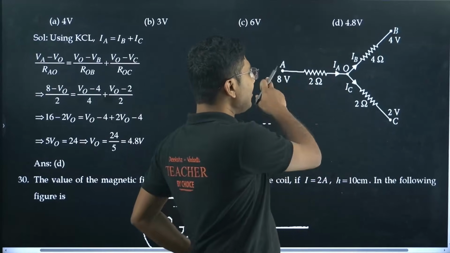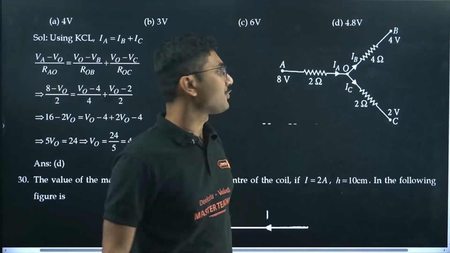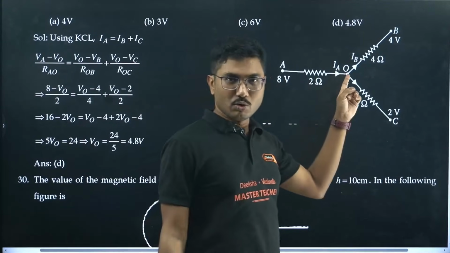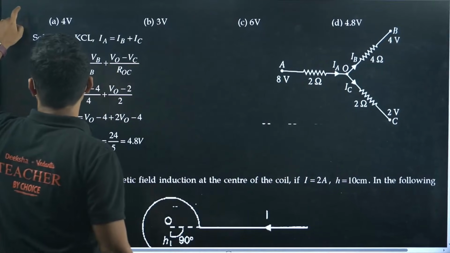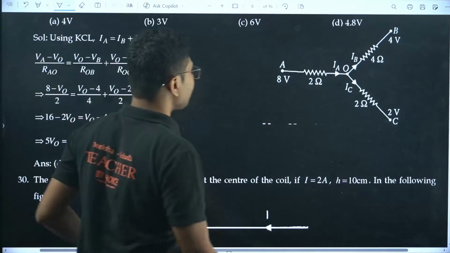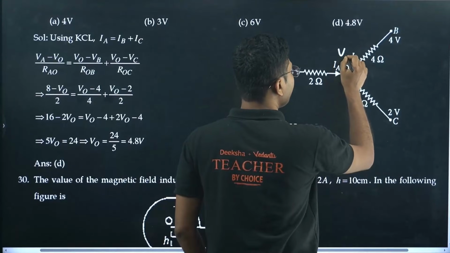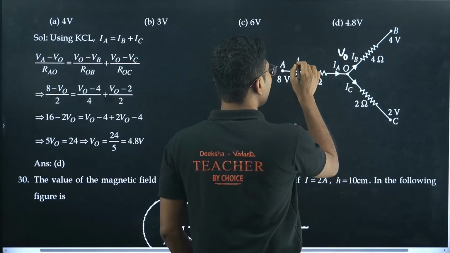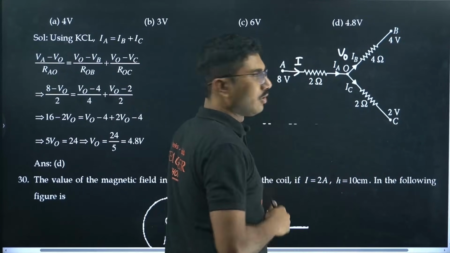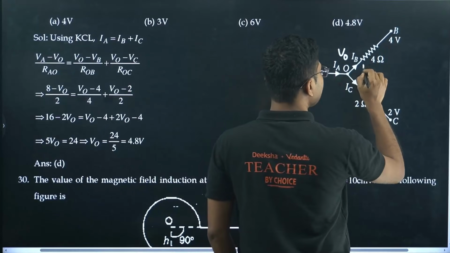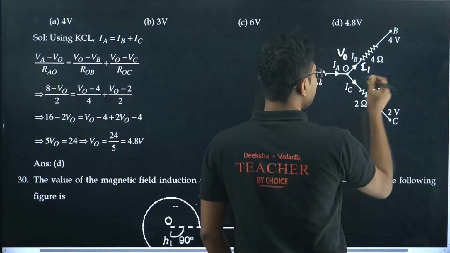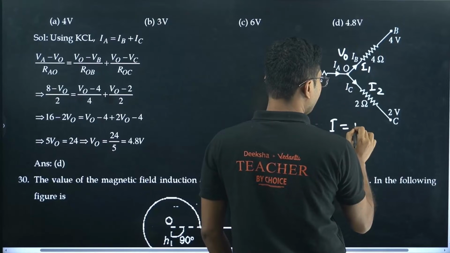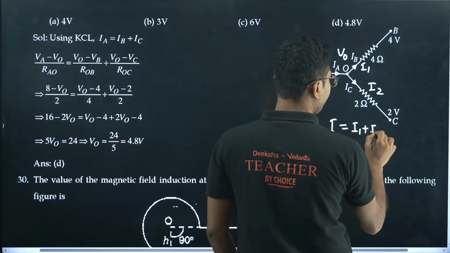So you have to remember how to solve this question. You take the potential at O, VO suppose. Now apply Kirchhoff's law. What is the Kirchhoff's law that you have to apply? Suppose this voltage is VO. Now suppose current through this branch is I, current through this branch is I1, current through this branch is I2. So obviously Kirchhoff's law says that I must equal I1 plus I2.